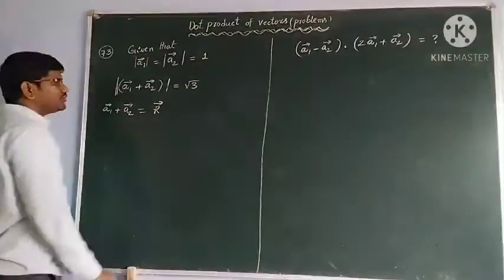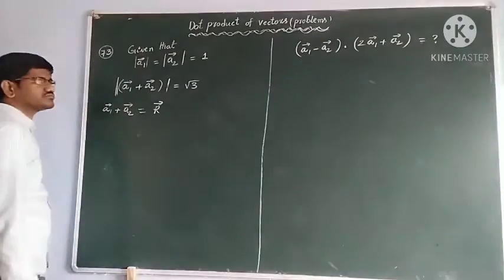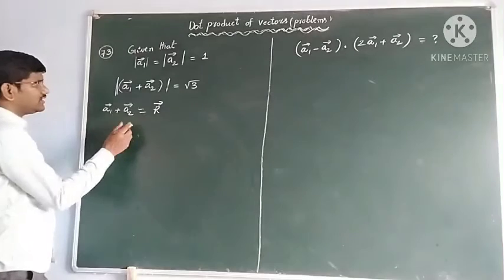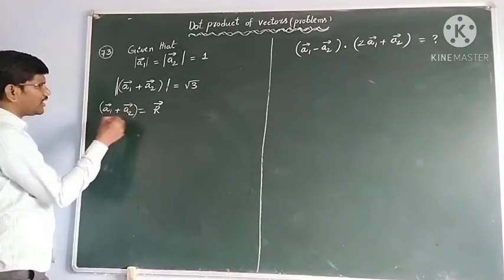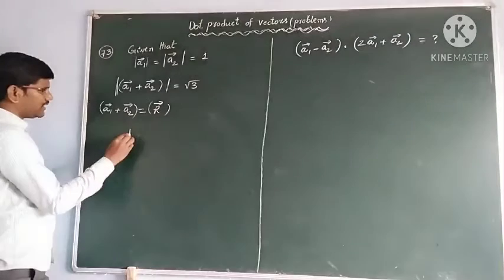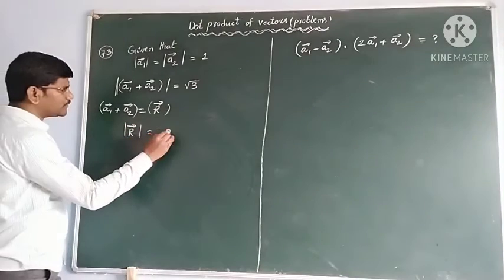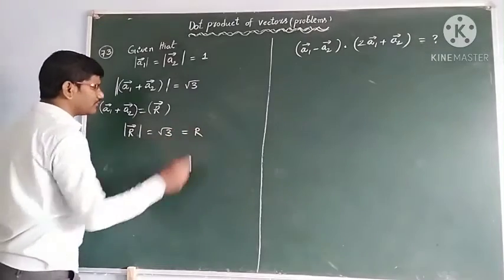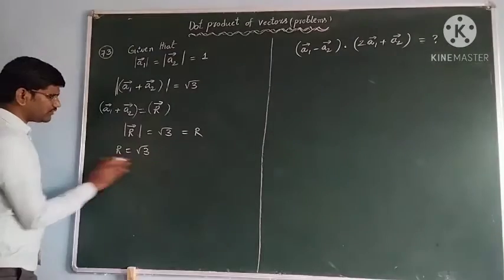A1 bar plus A2 bar is equal to R bar. They have given that modulus of R bar is equal to root 3, so R is equal to root 3.